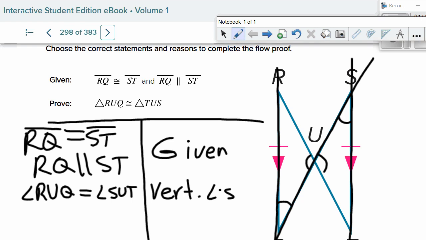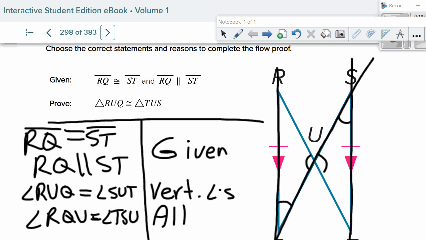Angle RQU is going to be equal to angle TSU. That's going to be by alternate interior angles. Okay?